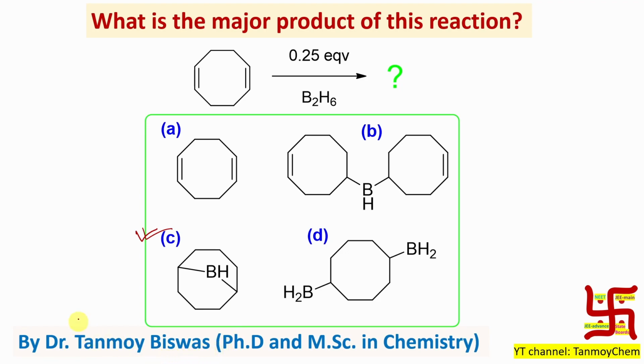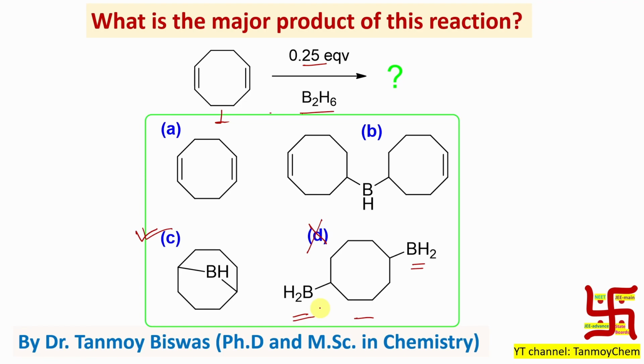Now if this question appears in your exam, how can you solve it in less than 30 seconds? First you understand that 0.25 equivalent of B2H6 means 0.5 equivalent of BH3. So here it is 1/2, so there is a high chance of an intramolecular reaction. You may think, sir, this option is gone, because for one molecule there are 2 boron centers. This is not possible.